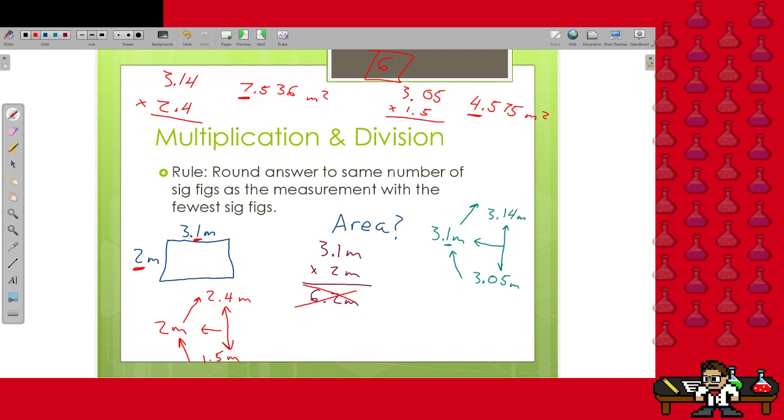And because we don't have a good idea of what should be in the ones place in either of these numbers, we definitely are not going to have a good idea of what's in the tenths, hundredths, or thousandths place either. So we're going to make one estimation for this number, and we're only going to have one significant figure.